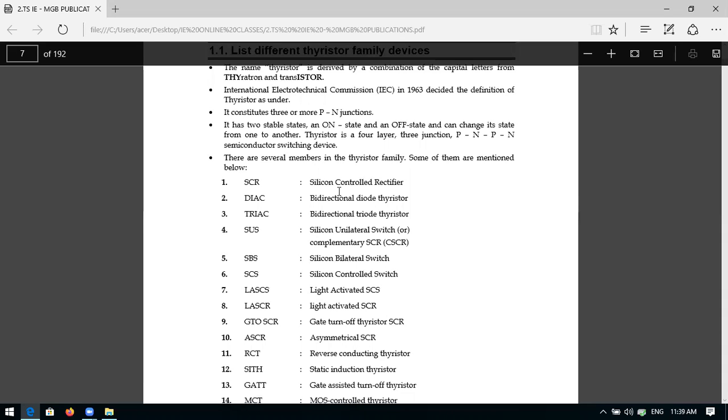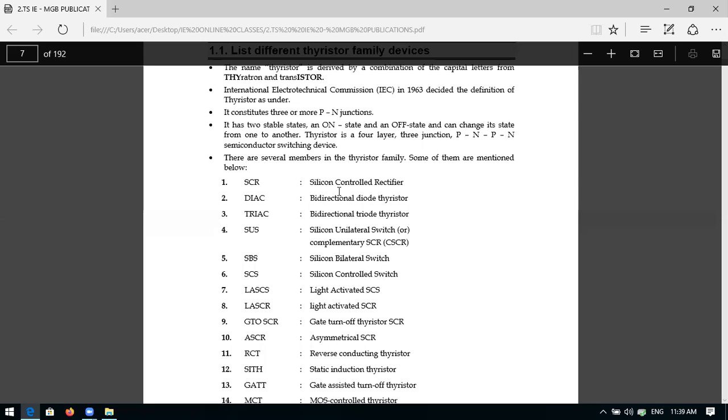That is the reason it is diode AC, also called a bidirectional diode thyristor. The third device is triode AC, a three-terminal device, also called a bidirectional triode thyristor. The fourth one is SUS, the silicon unilateral switch. Unilateral means only one direction; it conducts in only one direction. That is the reason it is SUS.